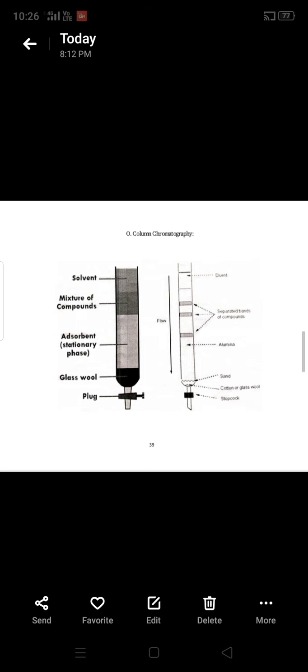The principle of column chromatography is based on differential adsorption of substances by an adsorbent.